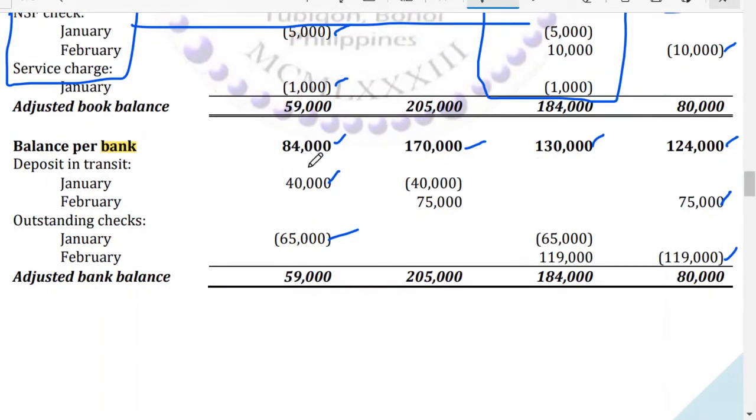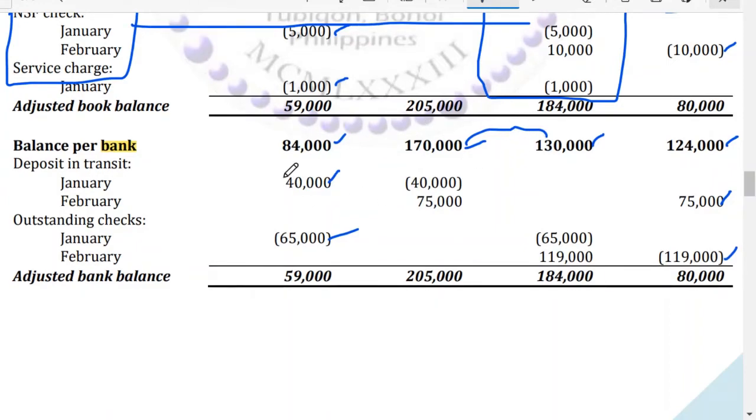Deposit in transit. Ang deposit in transit, sa side sa bank niya, ana pa na niya ma-recognize ang deposit in nag-abot sa sunod buwan. Hindi ka February na niya madawat. So, in effect, ang bangko, maapil niya ning January nga deposit in transit, maapil na niya sa February nga receipts. Remember, these are all February recordings.